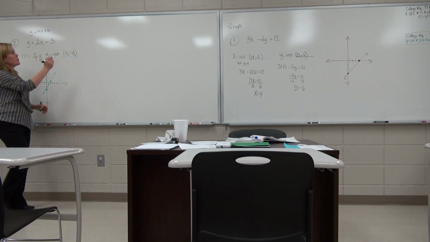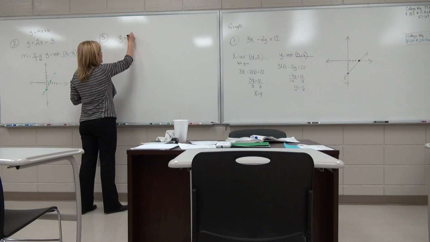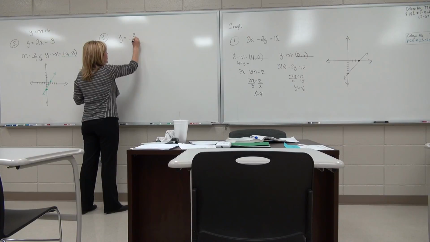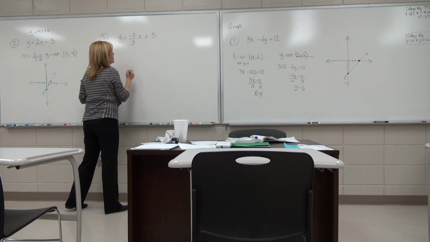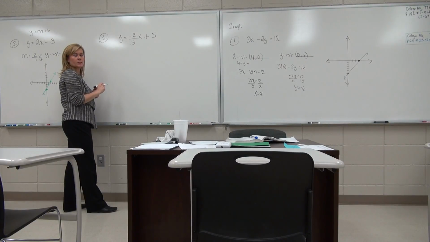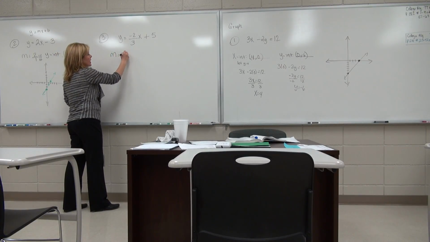Okay, so let's look at another one. This is most people's favorite way of graphing. Y equals, let's say if I have -2/3 x plus 5. Well, what's my slope here? -2/3.